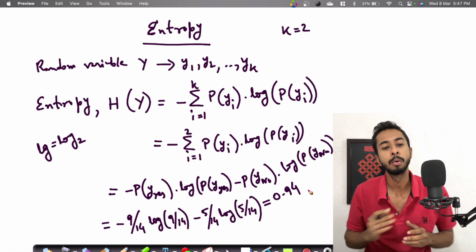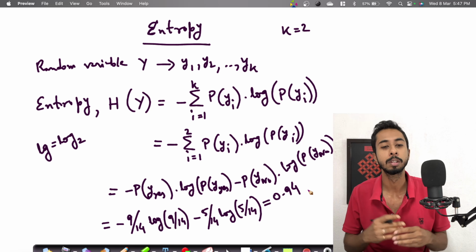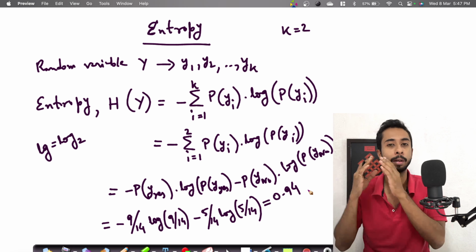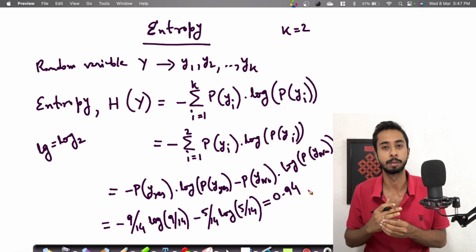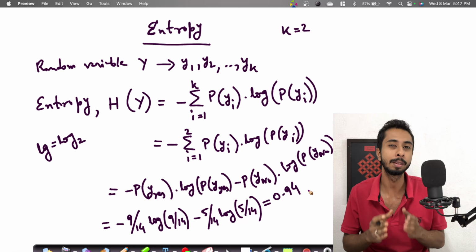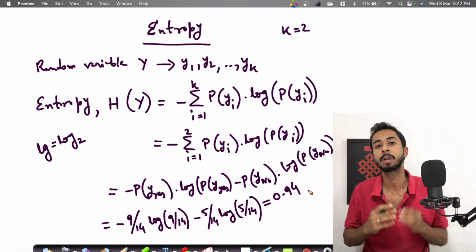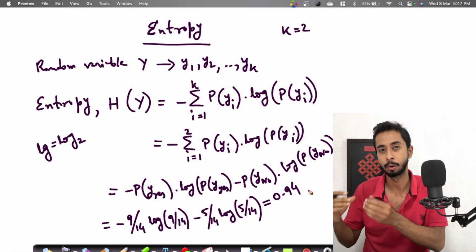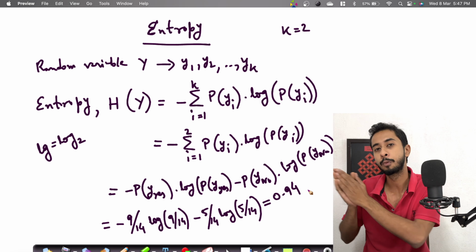Now what we'll do is we'll try to split the data set on the basis of any of the 4 features. We'll first split the entire 14 rows into different sub data sets depending on the 4 features.